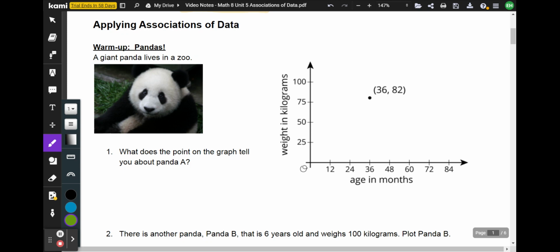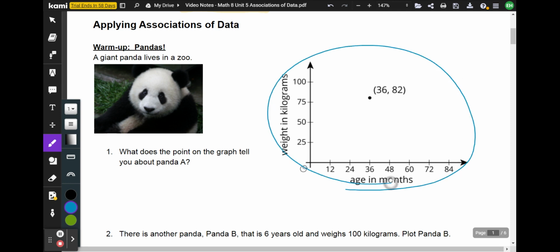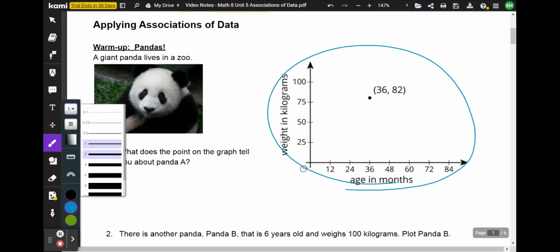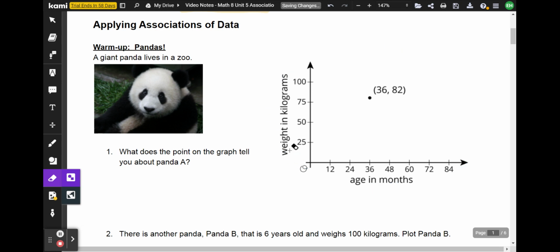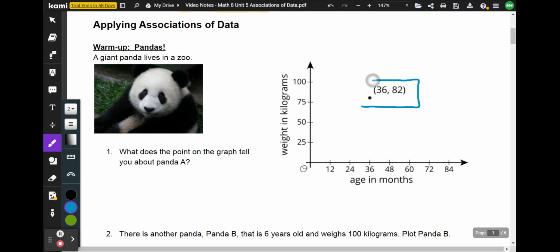Warm up. Pandas. The giant panda lives in a zoo. So let's look at this graph that we have over here to the right. Looking at that graph, what can we say about this point right here? 36 what and 82 what? So if we look down at the graph, this is 36 age in months and 82 weight in kilograms.